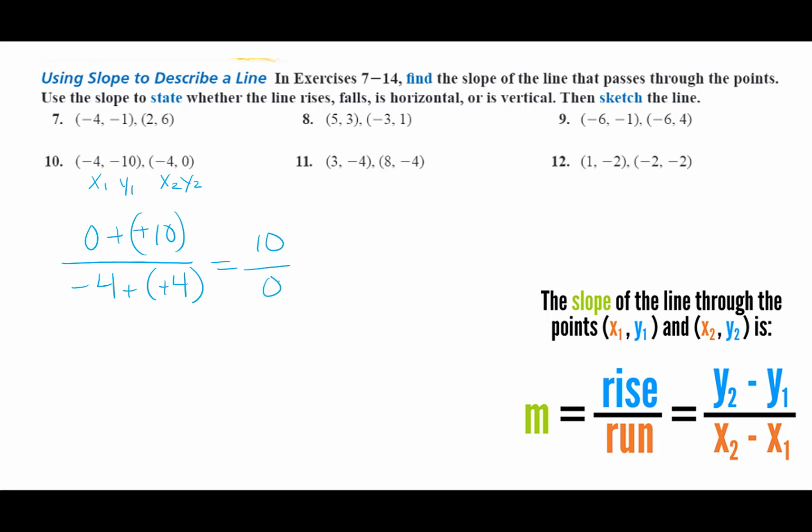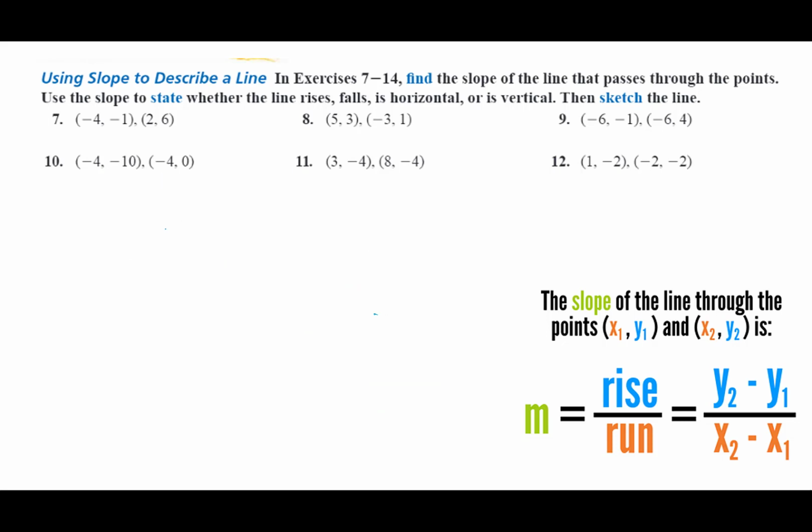Anytime 0 is in the denominator, this is an undefined slope. If you pull out your calculator and type in 10 divided by 0, an error message will come up on your screen because you cannot divide anything into 0 groups. And so number 10 has an undefined slope. An undefined slope means that it's a vertical line going straight up and down.